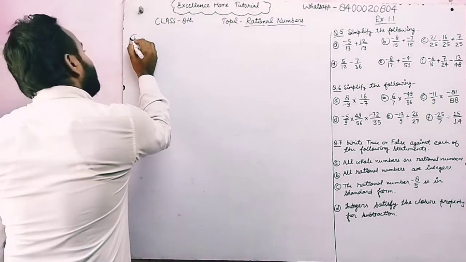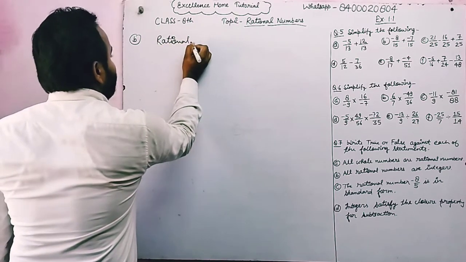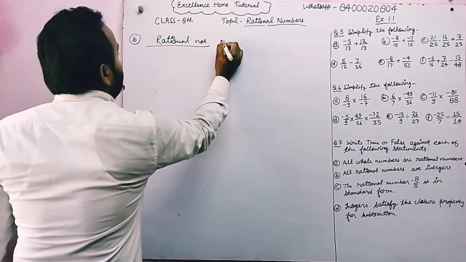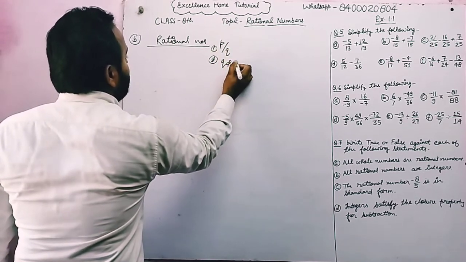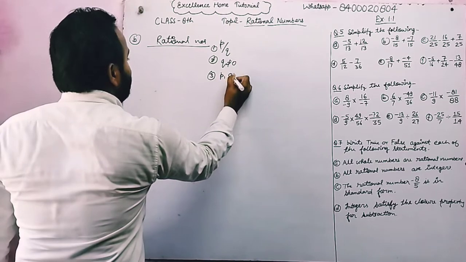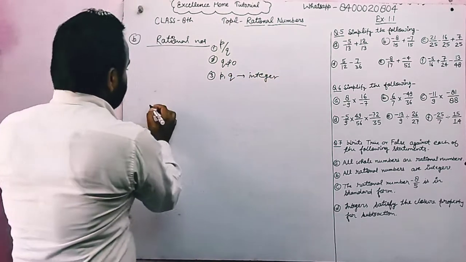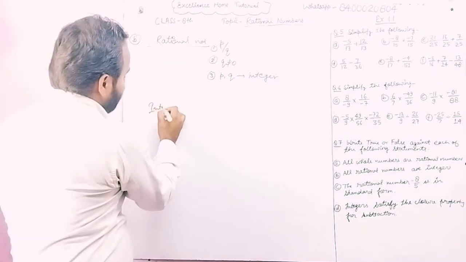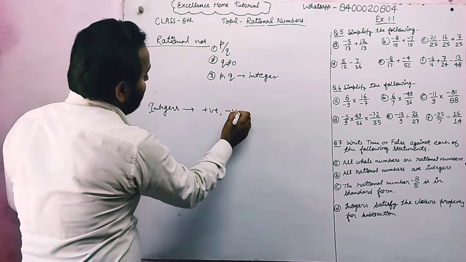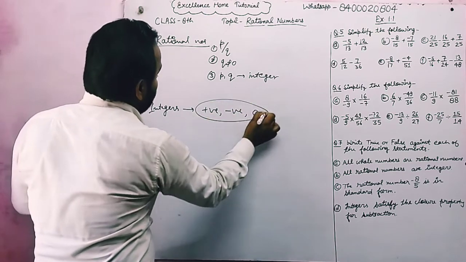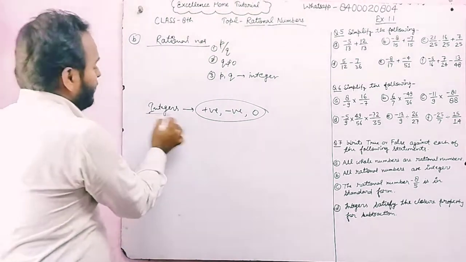A rational number is written in the form of P by Q, Q not equal to 0, and third, P and Q are integers. But integers are positive, negative and 0. The collection of positive numbers, negative numbers and 0 are integers.